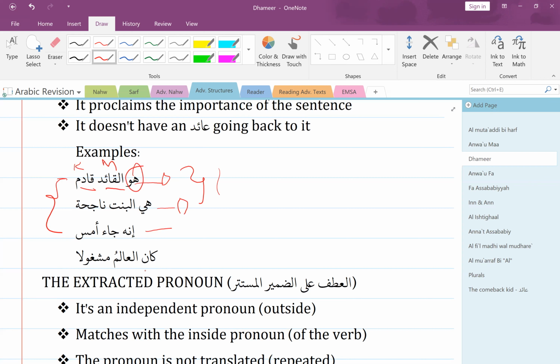So there's, I don't know how to explain this in easier terms. But when I say the fact of the matter is, the scholar was busy. العالم مشغولة. The scholar was busy. Yeah.